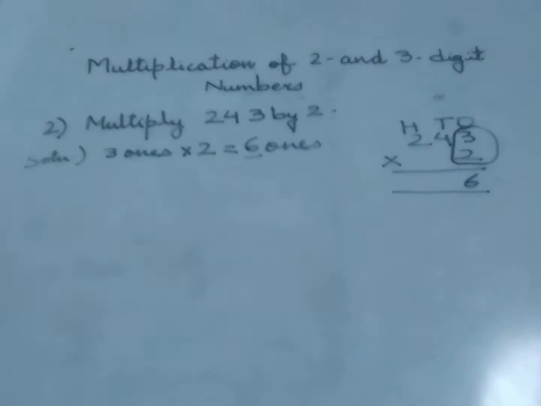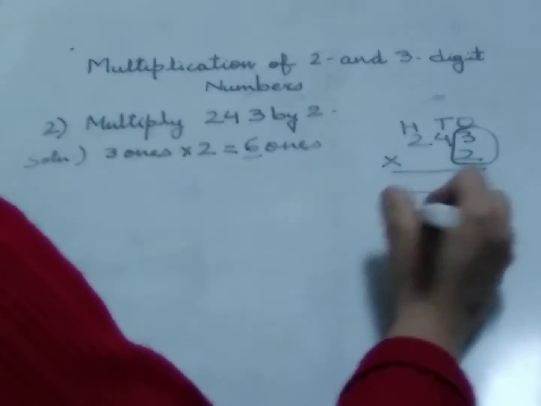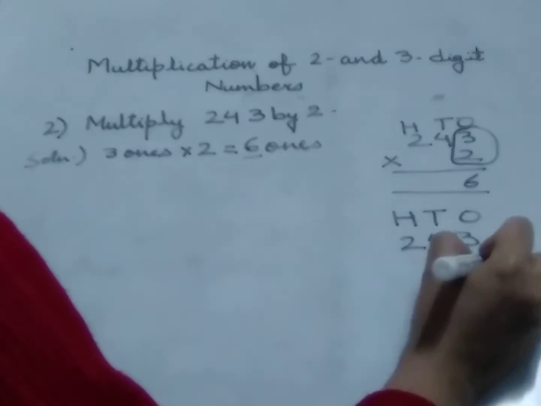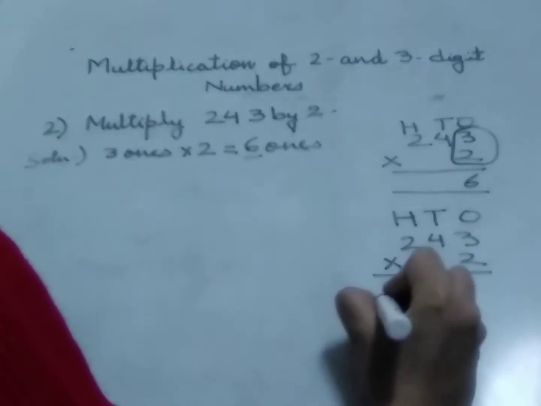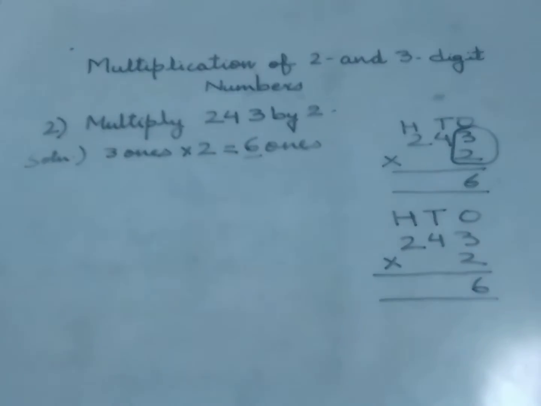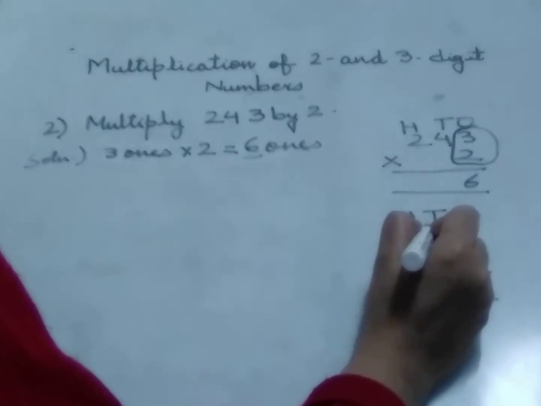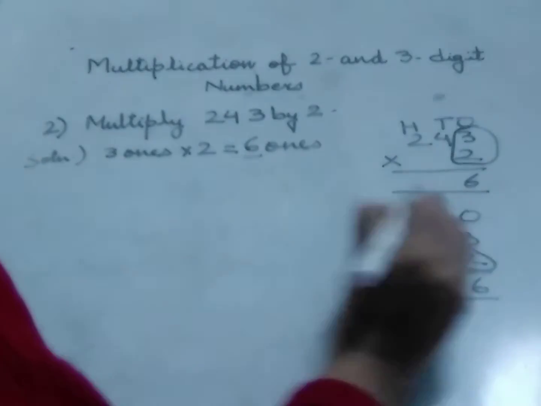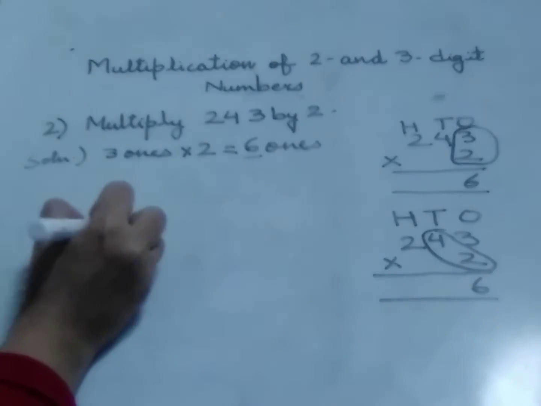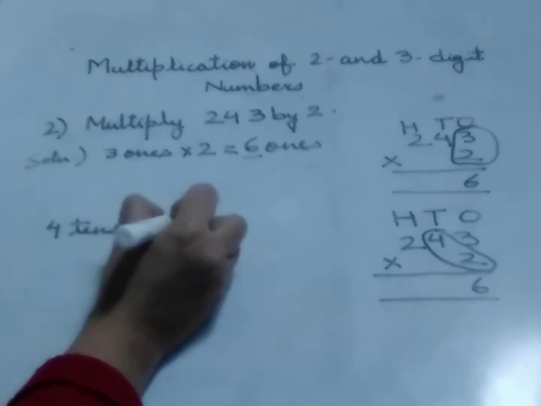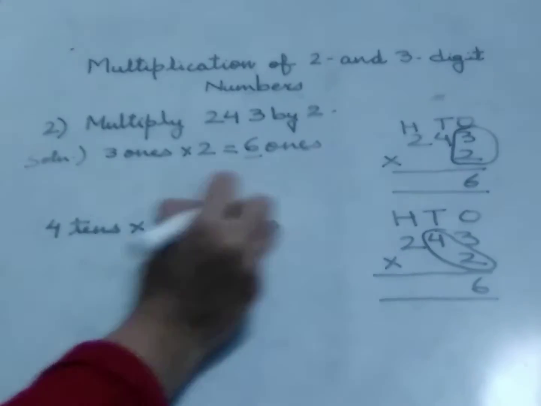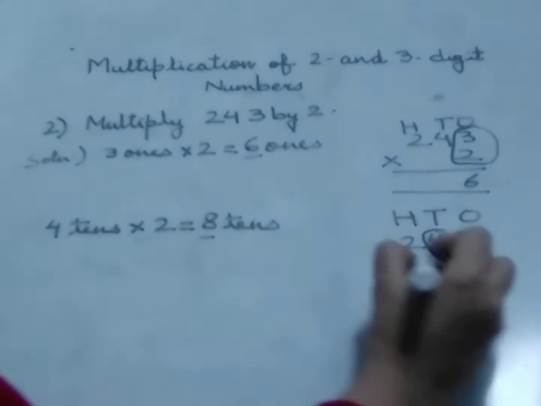Now multiply the tens next. 243 multiplied by 2. Now you get the ones answer, which is 6. To multiply the tens is 4 tens multiplied by 2. 4 twos are 8, 8 tens. Write 8 in the tens column.